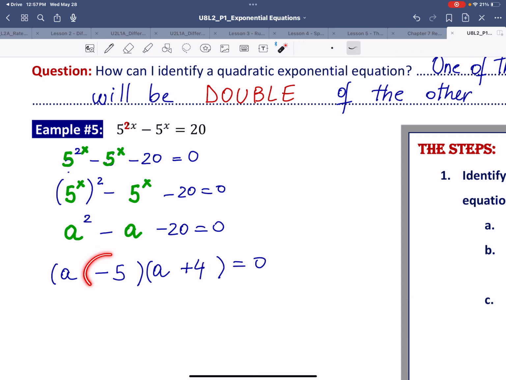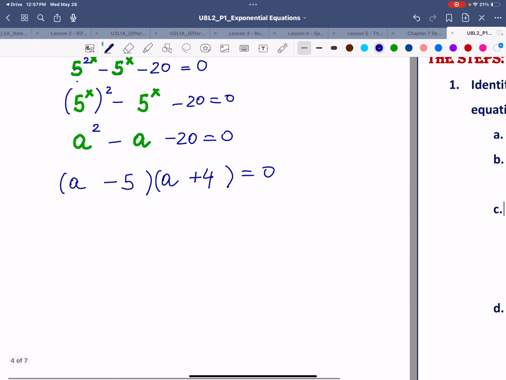They add to -1 and multiply to -20. Now we're going to solve the equation for a. So we say a - 5 = 0 or a + 4 = 0. From here, we get a = 5 or a = -4.